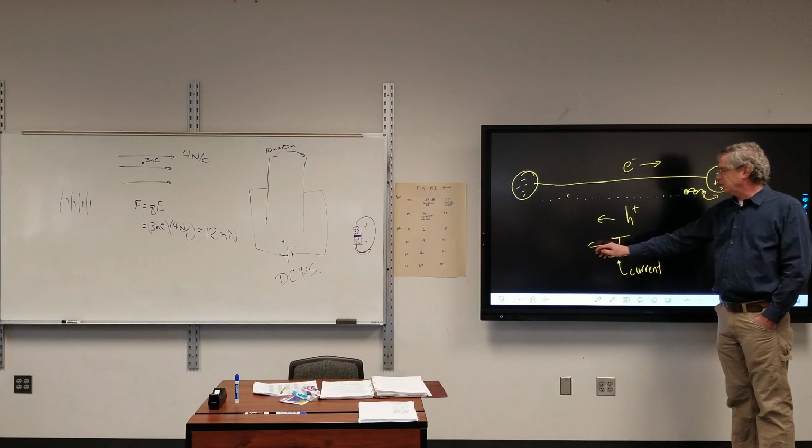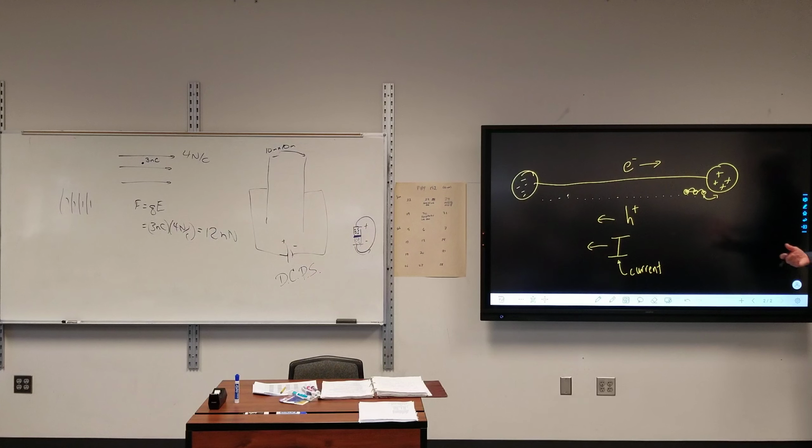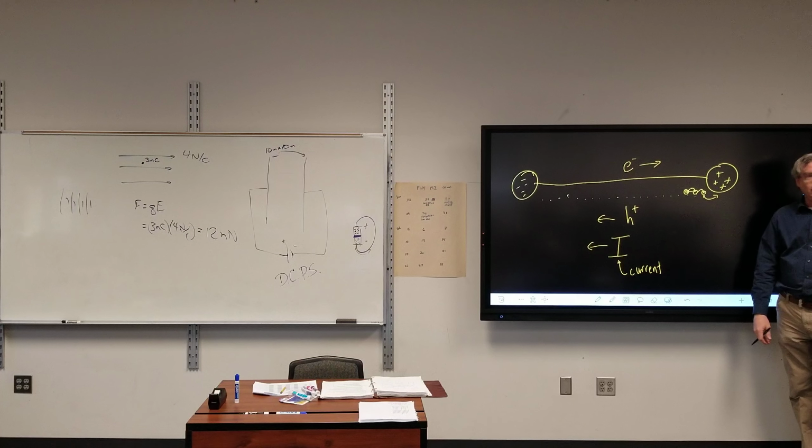And the current flows in the direction of the hole. It flows in the direction of positive charge flow, or opposite the direction of negative charge flow. Now, I do get positive charge flow if I've got, say, a high energy experiment and I take a bunch of hydrogen atoms, strip off the electrons, so I got a bunch of protons, and then I shoot the protons at a target.